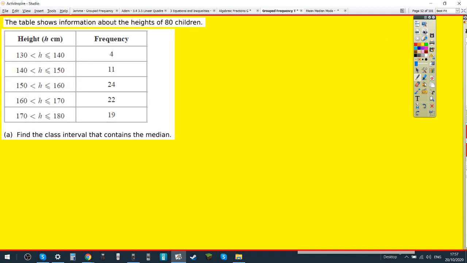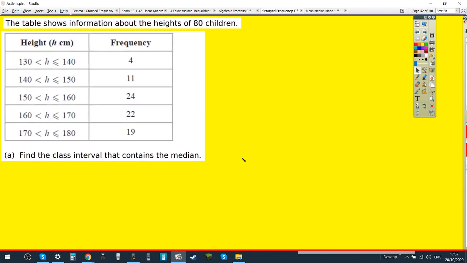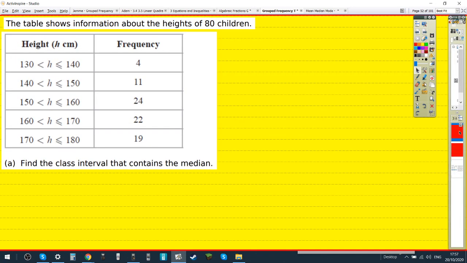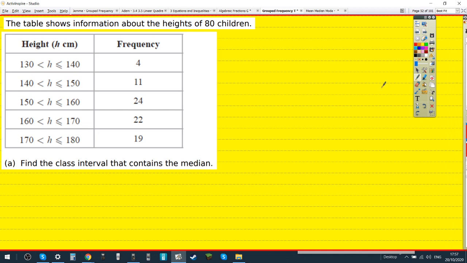Okay, exam question. Median. Which class interval contains the median? Plus 23 plus 19.